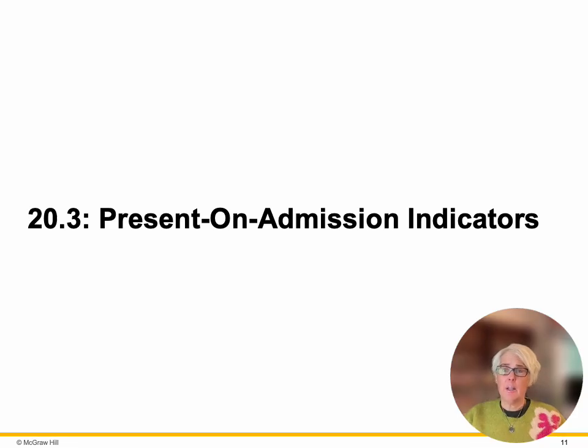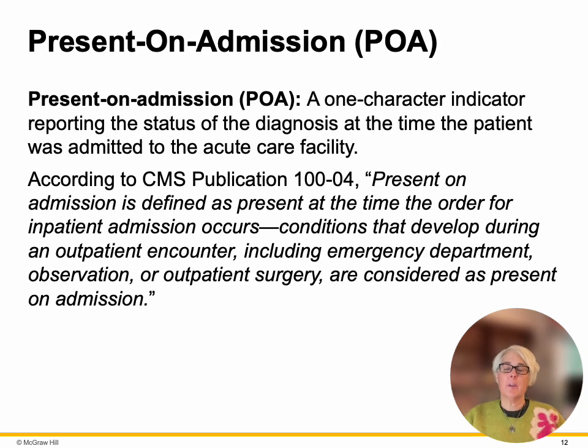So for the admitting diagnosis, say it was pneumonia and it was POA, you would mark yes in the coding software. If it wasn't present on admission, but it was present upon discharge or it happened during the hospital stay, then you would mark no because it was not present on admission.